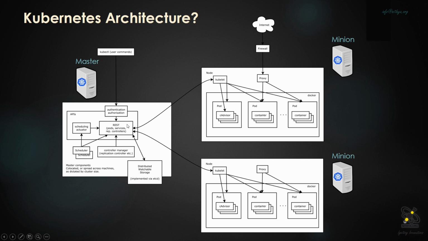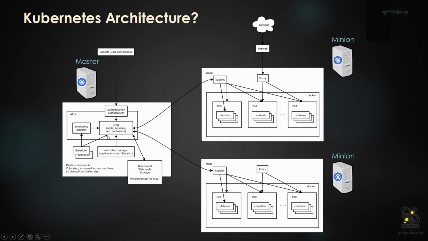Natively it controls pods, services, replication controllers and all things. The API is going to command the scheduler. The scheduler says, okay, I got the command from the API server, so I need to schedule two more pods onto one of the minions. That's what it does.